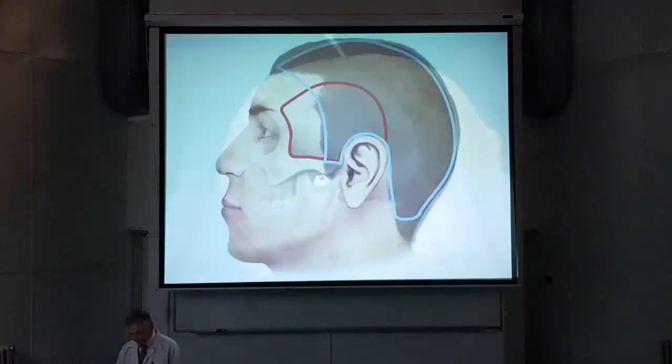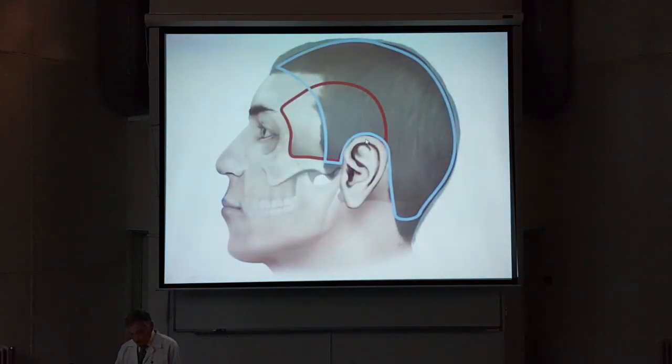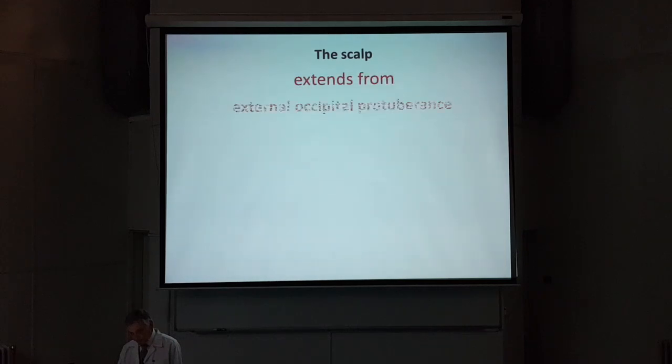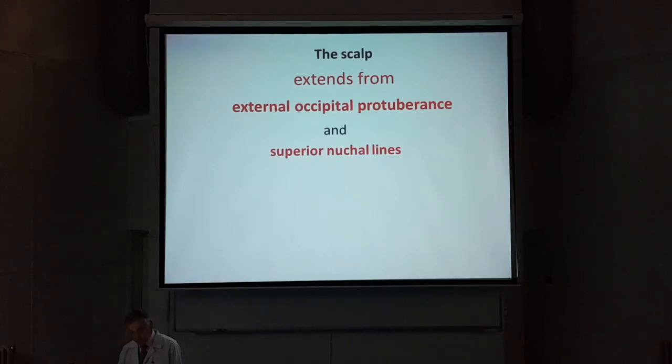These are some of the layers of the scalp. The scalp is not only the hair-bearing area. It extends to the margin of the orbit, to the zygomatic arch, around the ear, and then posteriorly to the external occipital protuberance and superior nuchal lines.